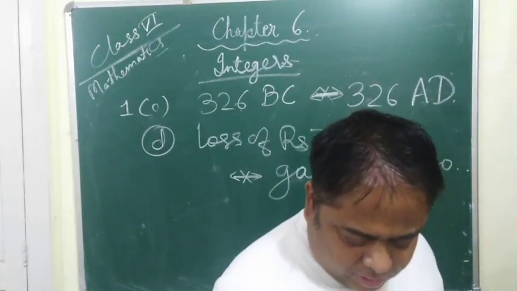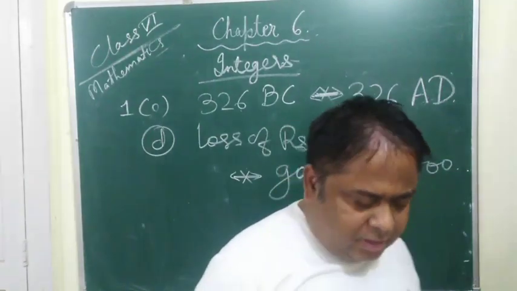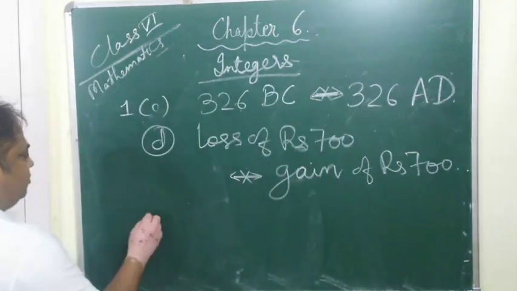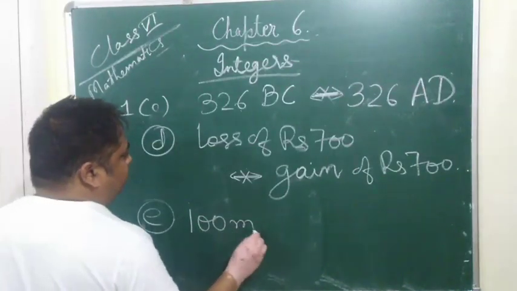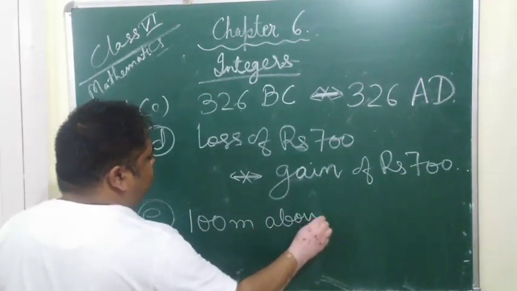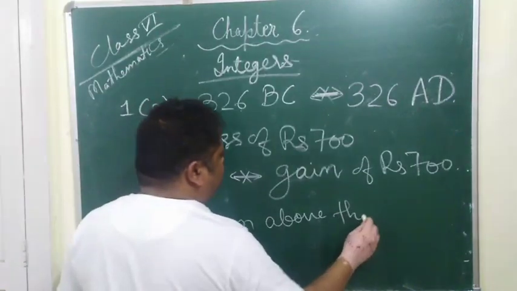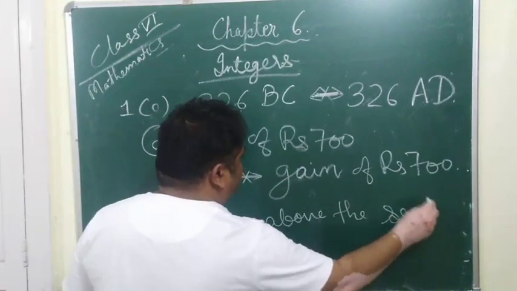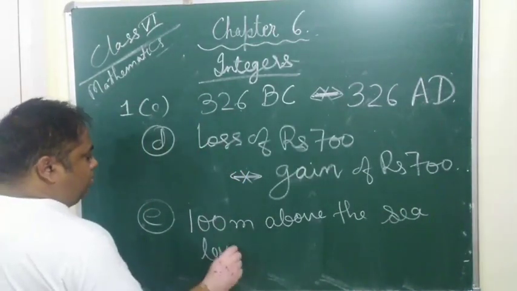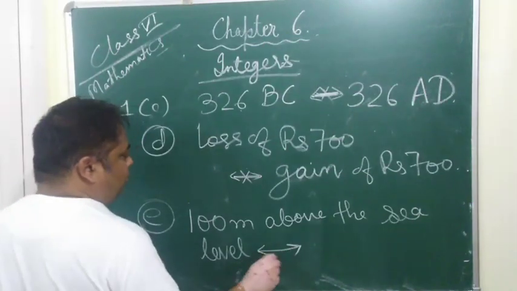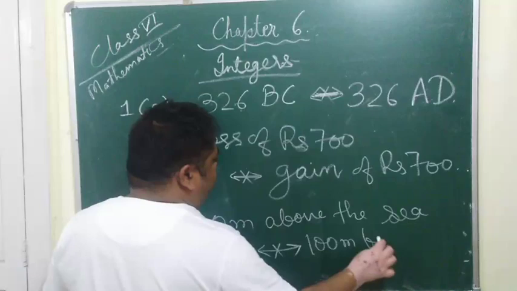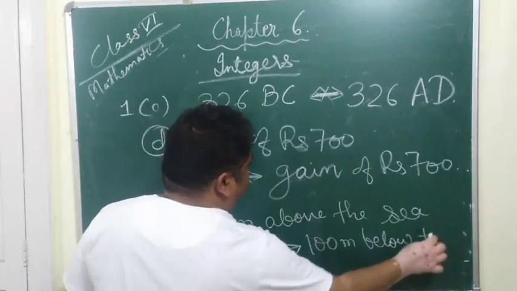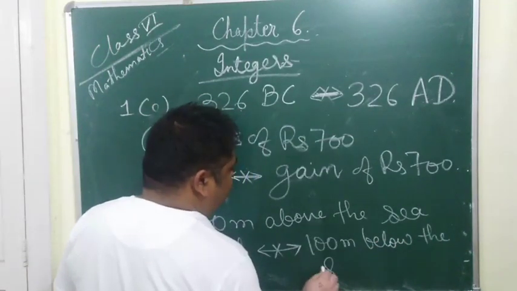Question number E. 100 meters above the sea level. Its opposite will be 100 meters below the sea level.